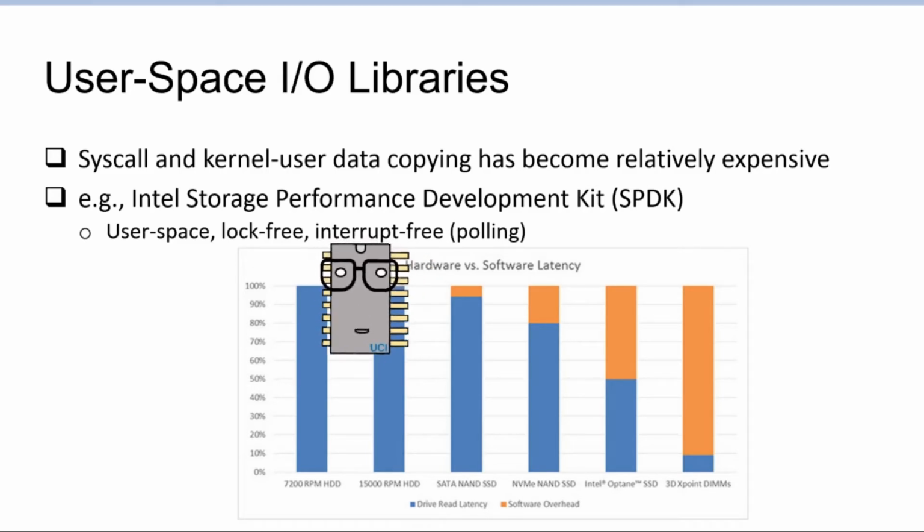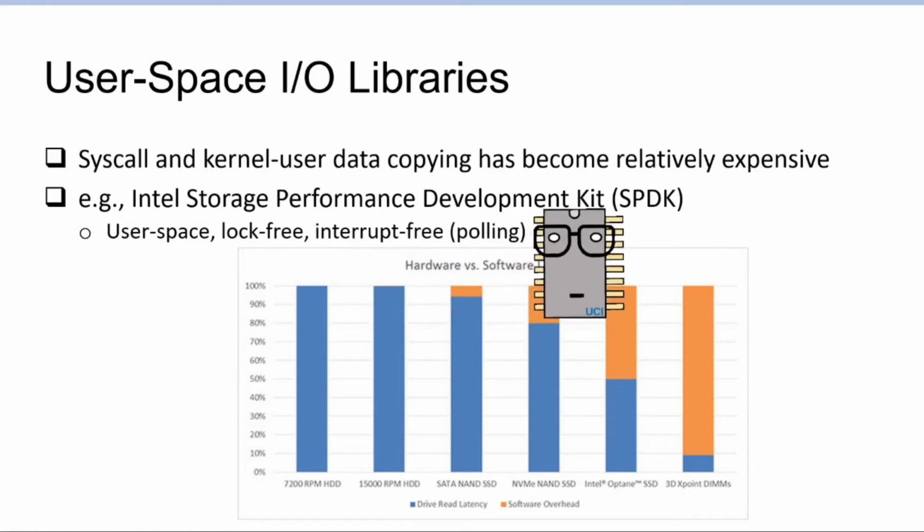The interrupt handler will be called inside the kernel, and it will reschedule the thread that needs to return from the storage read function call. This rescheduling latency is on the order of microseconds to milliseconds. So if you're talking about storage devices with access latencies on the lower end of microseconds, this overhead is fairly significant.